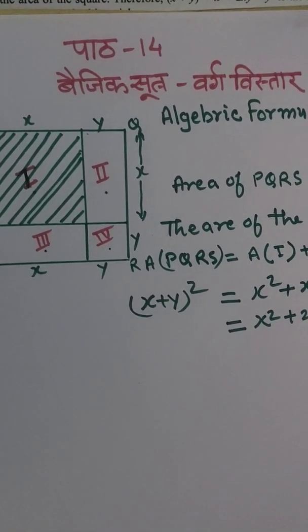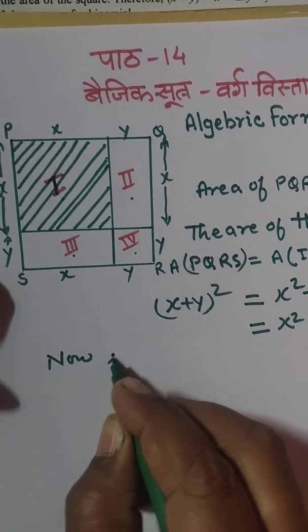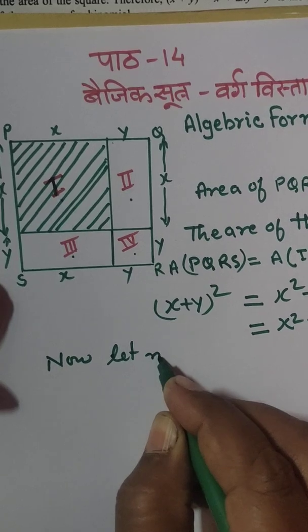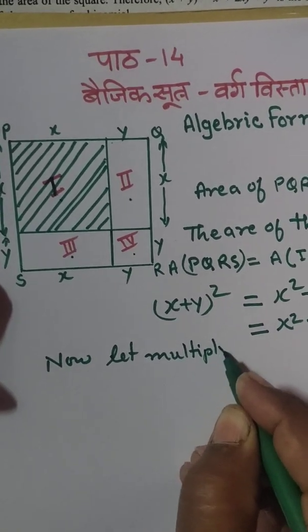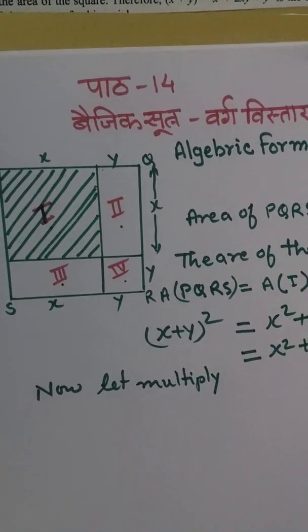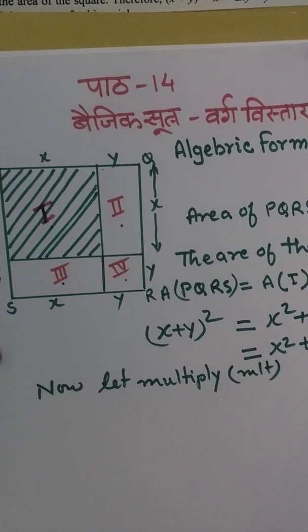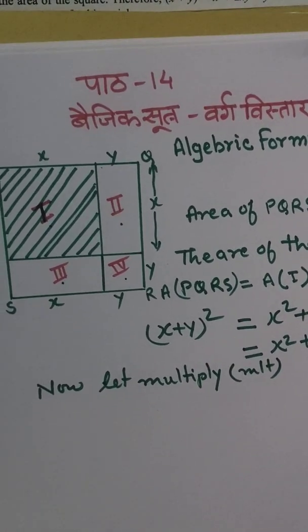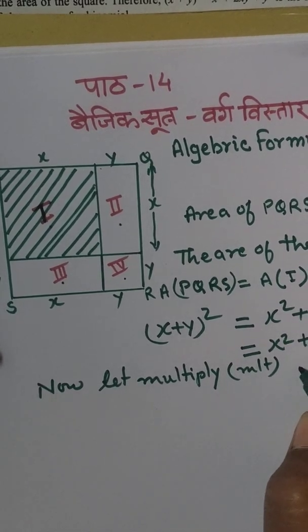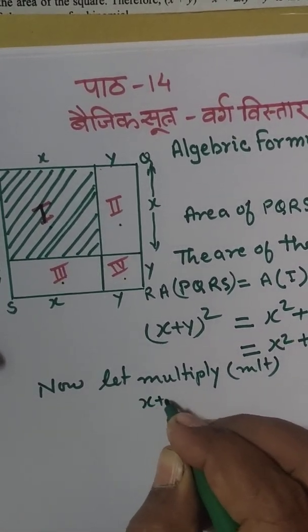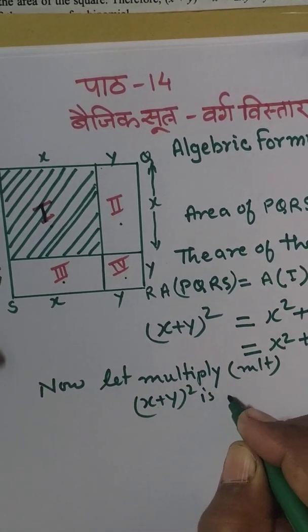Now let us multiply. This multiplication you can also write by MLT. Let us multiply (x plus y) whole square in algebra.